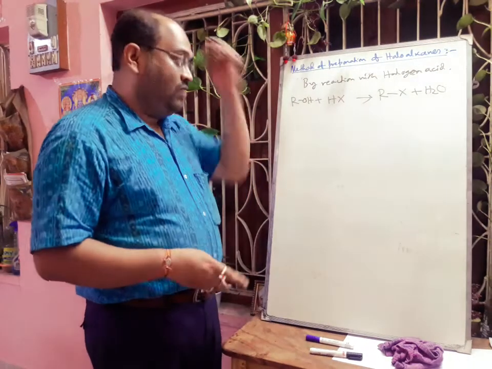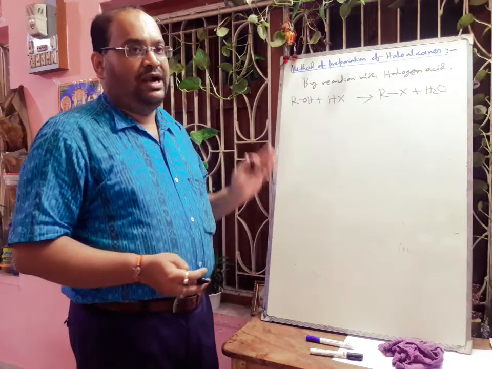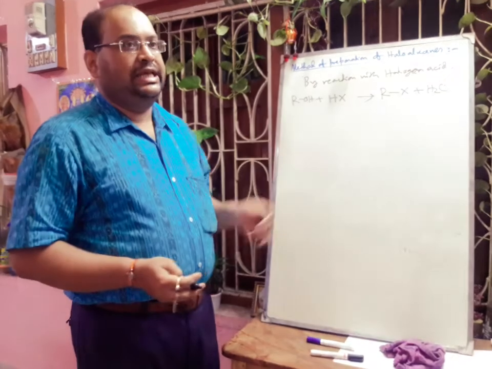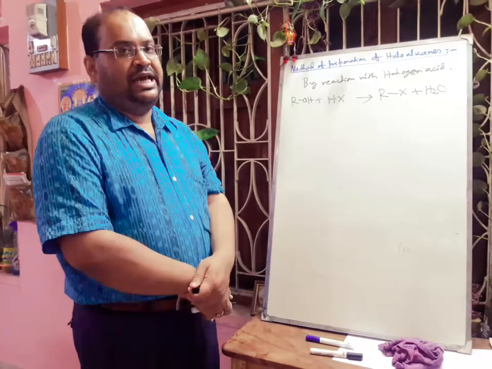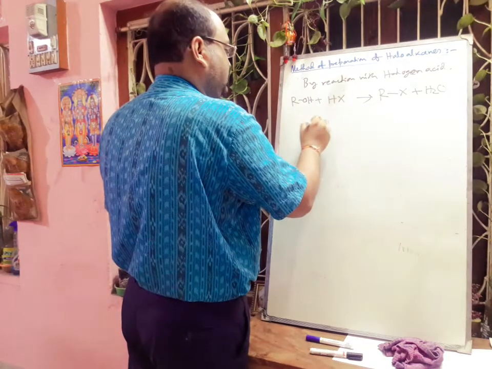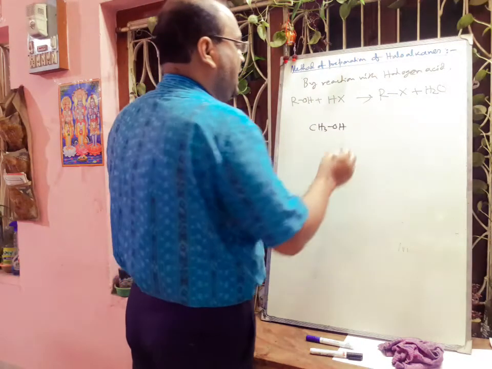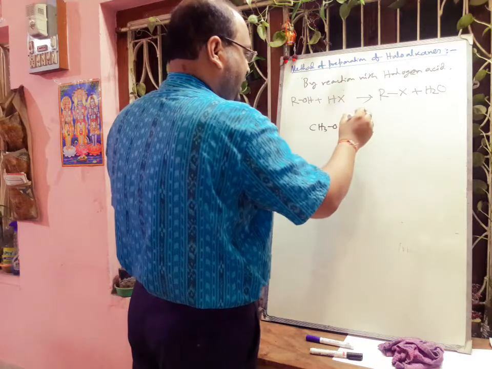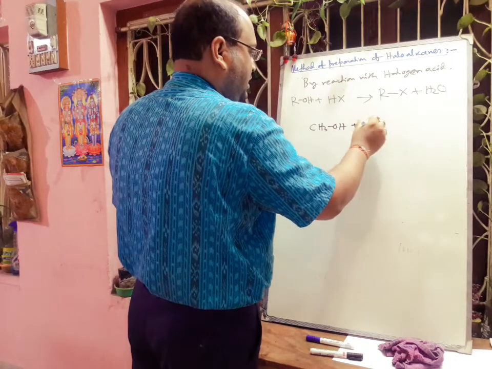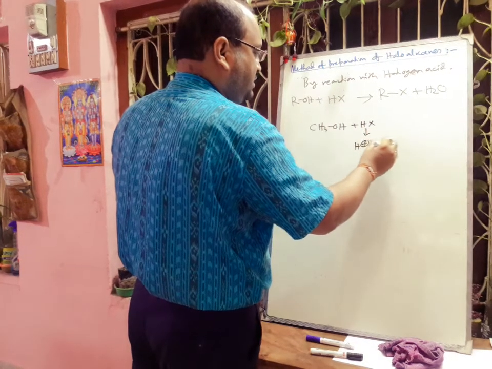Now what is the mechanism? If we think about the 1 degree alcohol, then the type of mechanism is SN2. Suppose we are taking CH3OH, then we are adding HX. HX will dissociate to H plus and X minus.